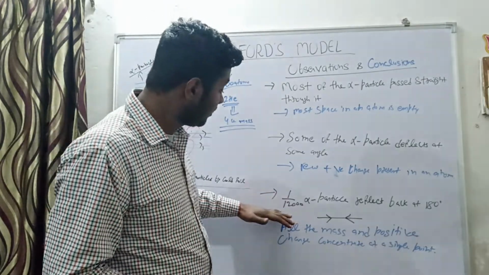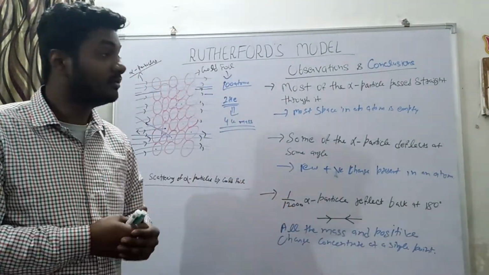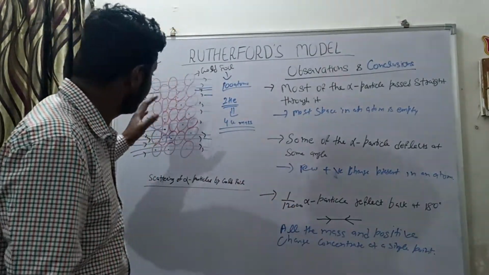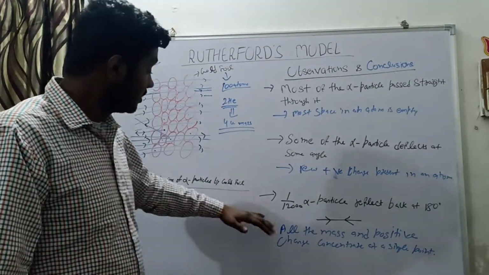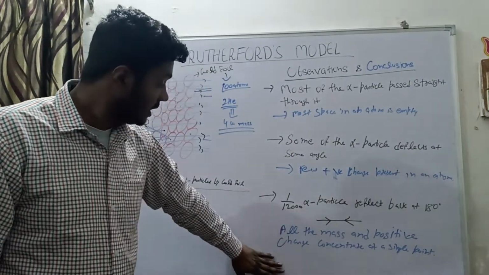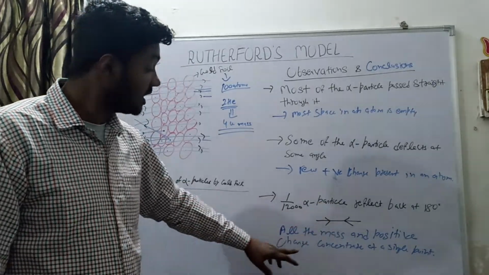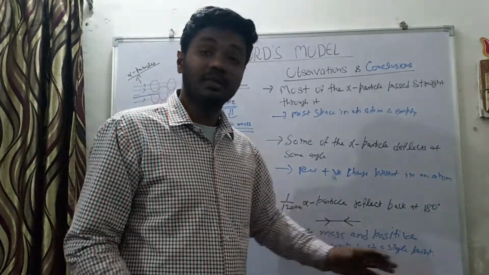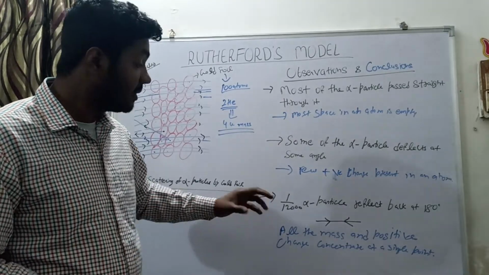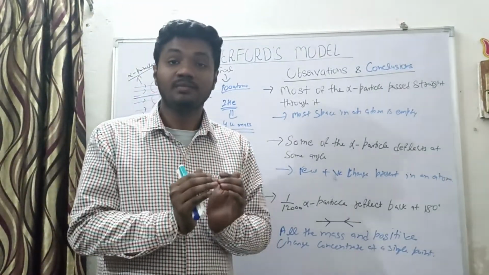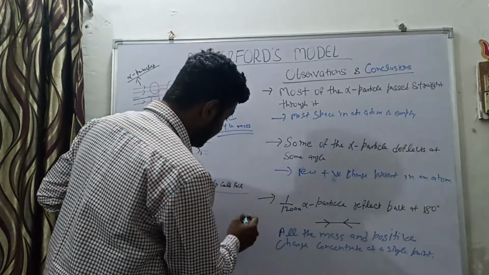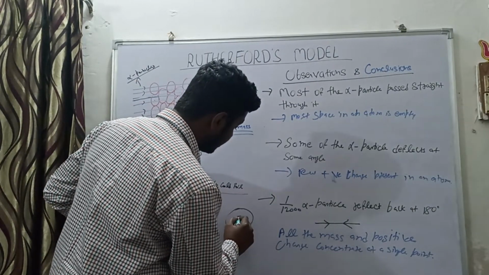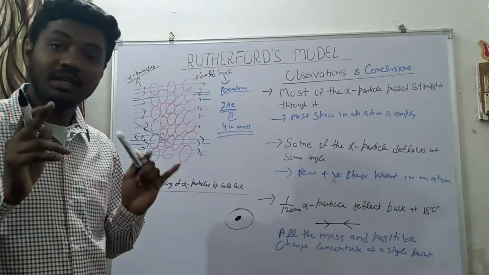But this is the observation he made in his gold foil experiment and concluded that all the mass and positive charge concentrate at a single point. To reflect back there needs to be some mass, and that mass is concentrated at a single point in an atom.